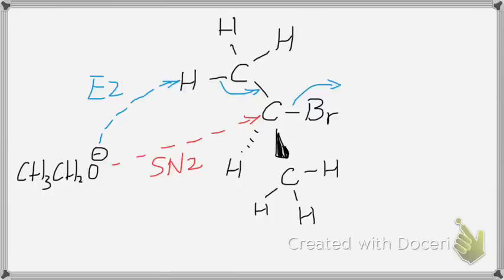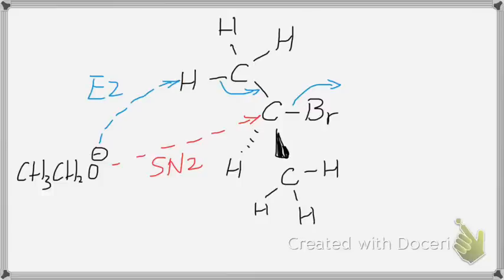So by looking at these two routes, you see which one is easier? Of course, the E2, right? Because the beta hydrogen is more outside of the reaction center. It's more open to be removed. While in SN2, you have to get into the heart of the reaction center, the alpha carbon, in order to replace the bromide.